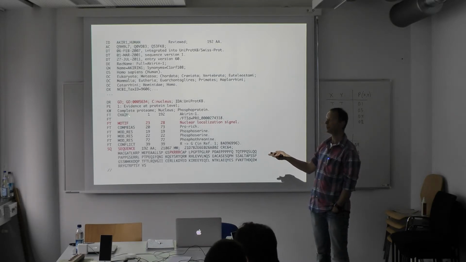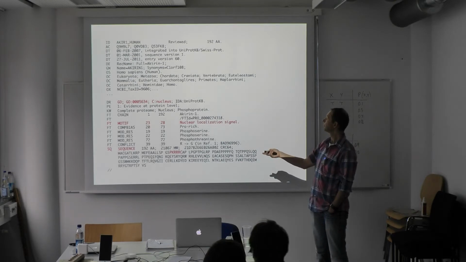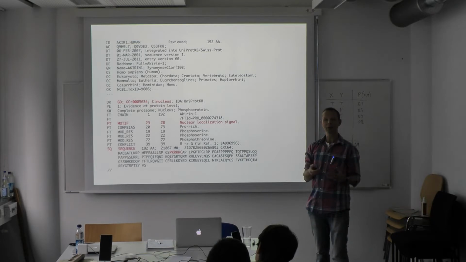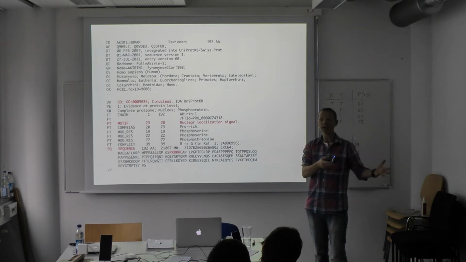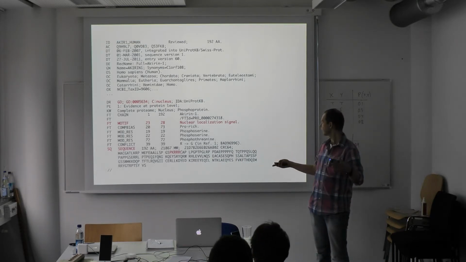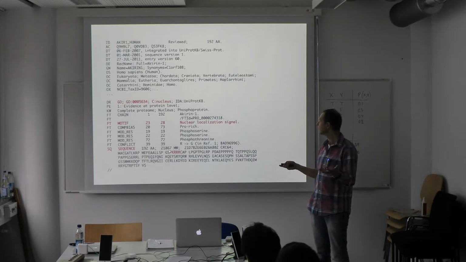Then we have the sequence signal that has been determined in some kind of way. Most of the time people would have had a suspicion where the sequence signal is. So they might have seen other nuclear localization signals, noticed that there is a section of basic residues, and they look for that section because they know that this thing is being localized to the nucleus, and they find one there.